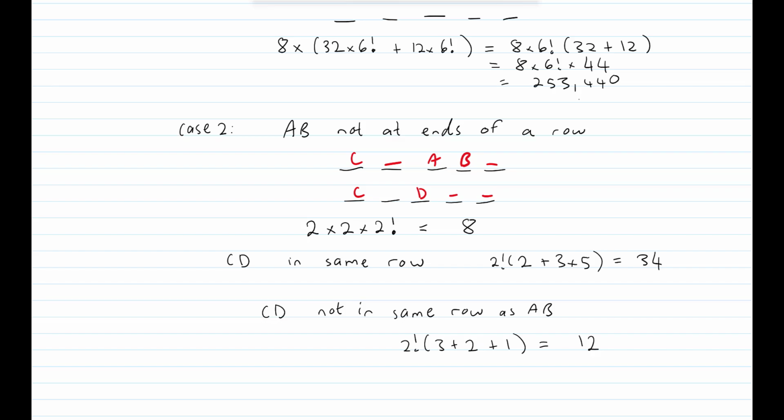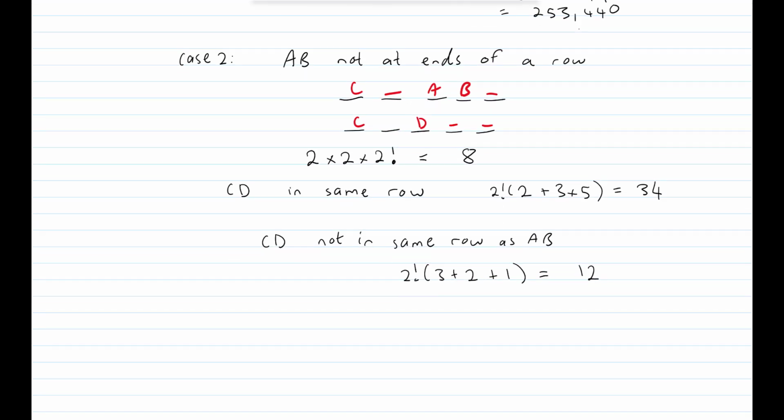So the total number of ways here then was going to be the 8 ways we can put A and B not at the end, and then that is going to be multiplied by 34 ways for at least one of C and D in the same row as A, B, and then times the 6 factorial ways of arranging the other people, and then as before the 12 ways, and then the 6 factorial ways.